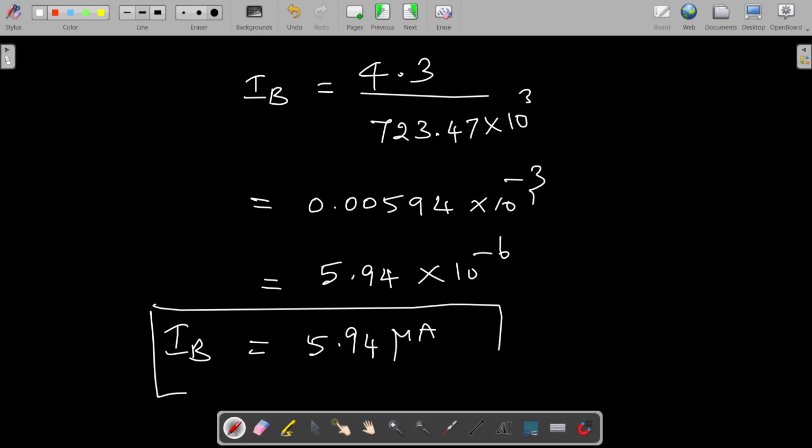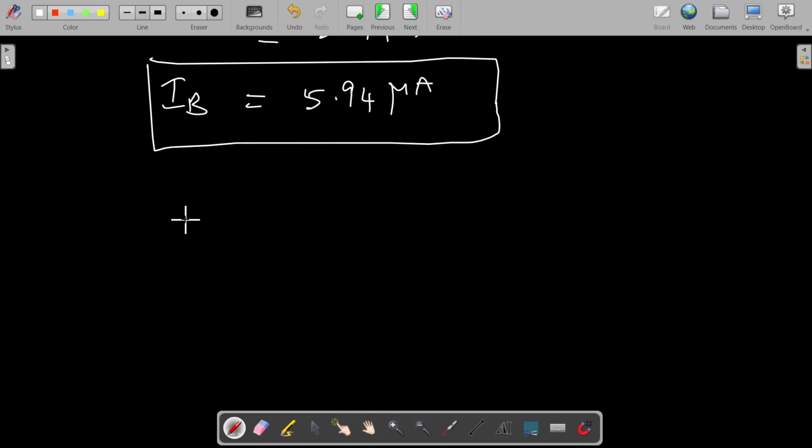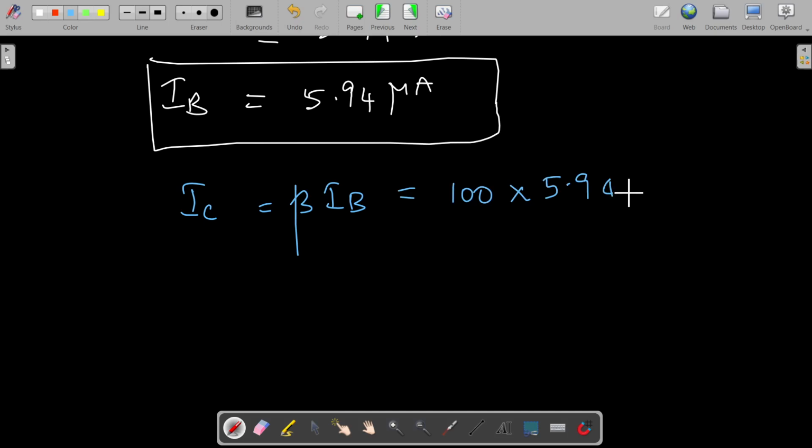So one answer we got for IB. But what we actually require, we need only IC. So how to calculate IC now? What's the relationship between IC and IB? IC is equal to beta times IB. Okay. So 100 into this IB. IB value is 5.94 into 10 power minus 6.